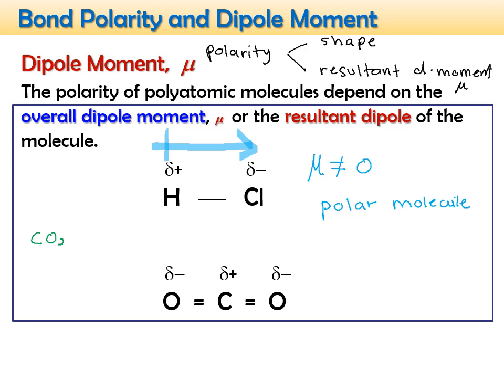I notate here that carbon is partially positive and oxygen is partially negative. By referring to the electronegativity, I will always write the arrow towards the more negative atom. So carbon is the more positive, and oxygen is more electronegative.